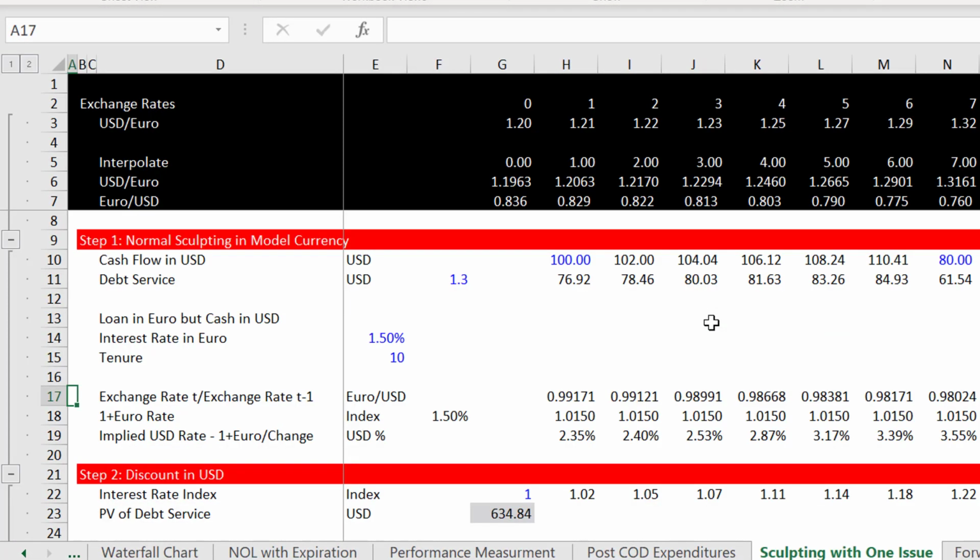So we'll make an assumption that for some reason we have our cash flow in USD, but we're going to borrow the money in euros. Okay, and I made an assumption that we have a debt service coverage of 1.3.